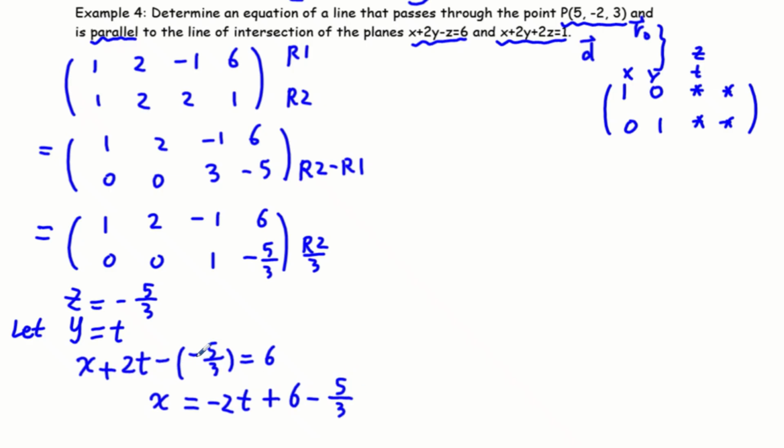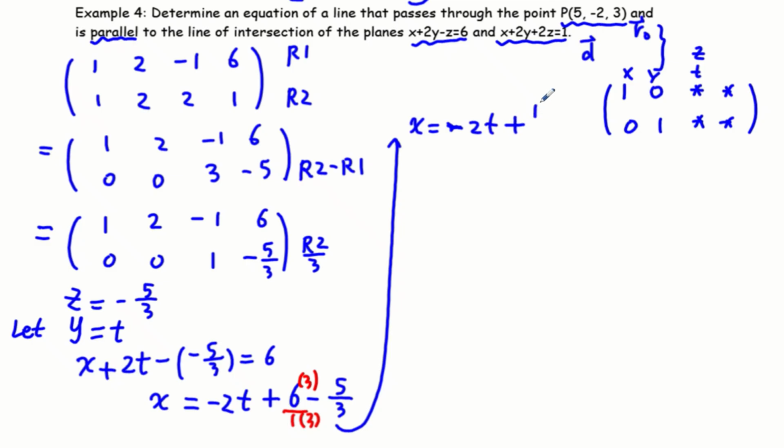So this one, negative negative becomes plus, minus, move to the other side becomes minus. So we change it to the same denominator by multiplying 3 to both top and bottom. We are going to have x equals negative 2t, then 3 times 6 is 18, minus 5, 18 minus 5 is 13.